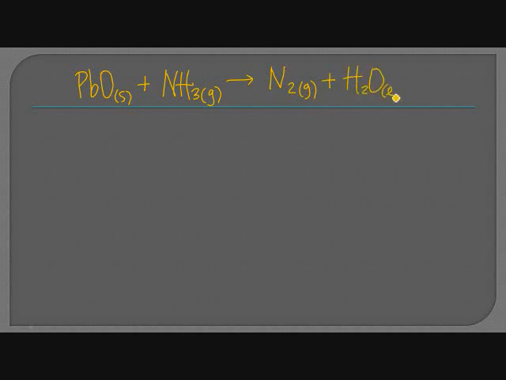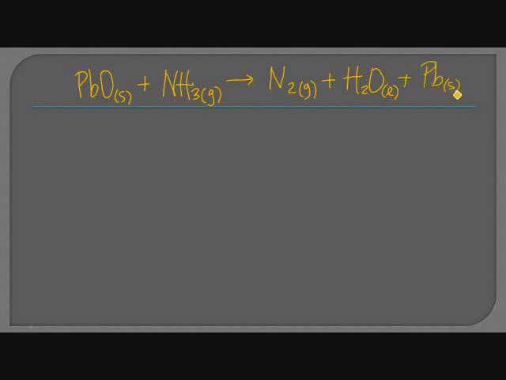So lead 2 oxide, PbO, because lead has plus 2, oxide has minus 2, solid, reacts with ammonia gas, which is just NH3, to produce nitrogen gas, that's going to be N2 because nitrogen is diatomic, plus water, liquid, and solid lead.